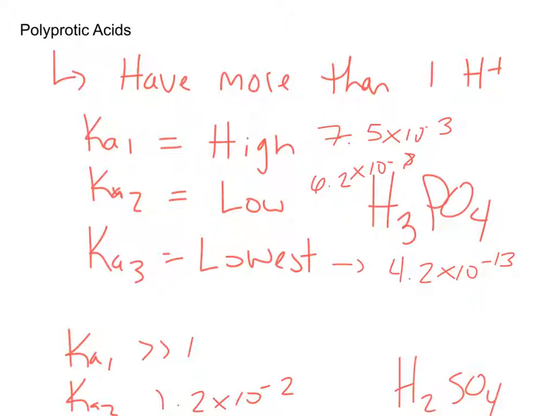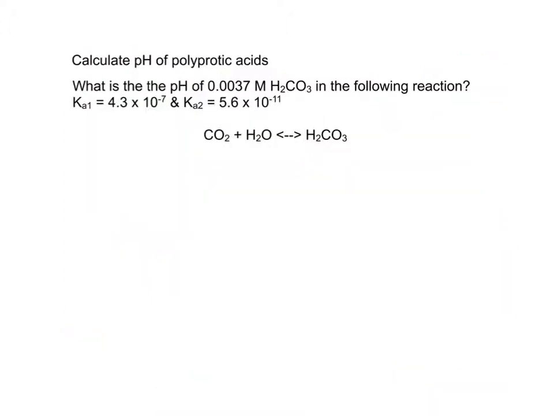So we're going to talk about doing calculations with polyprotic acids, and you might think it's really, really complicated, and they are, unless you make some pretty significant assumptions. And this is right from the book. I'll read it for you. As long as the successive Ka values differ by a factor of 10 to the third or more, it is possible to obtain a satisfactory estimate of pH of polyprotic acid solutions by treating the acids as if they were monoprotic, considering only the first Ka as the only Ka.